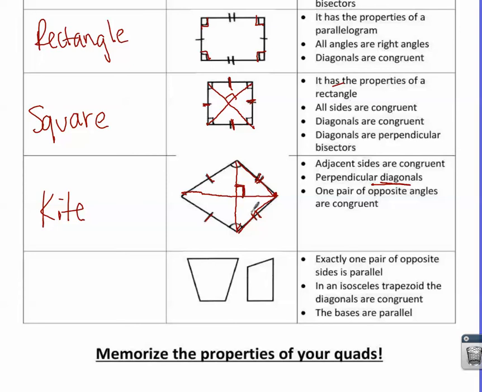But they do create a right angle, and they have one pair of opposite angles that are congruent. So right here, these two angles are congruent, but not the length going horizontally. Those are not congruent.